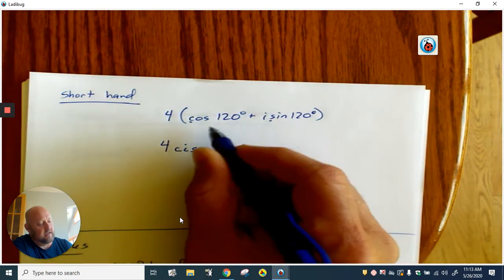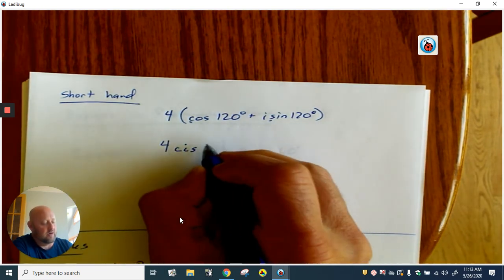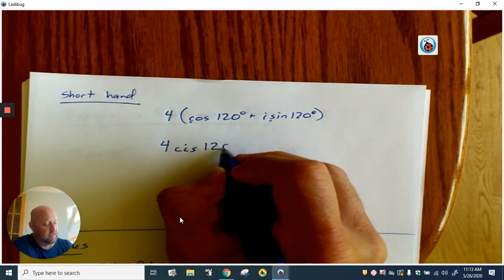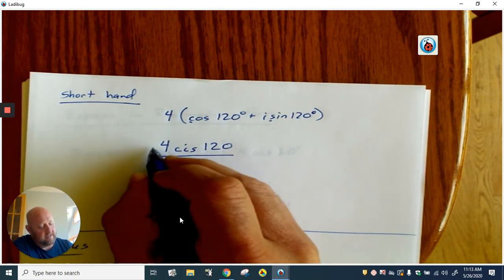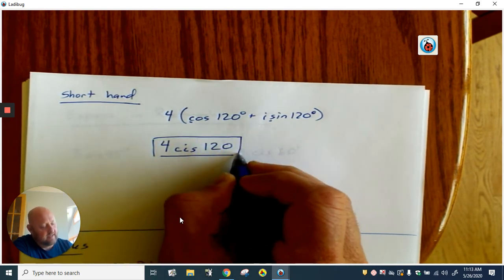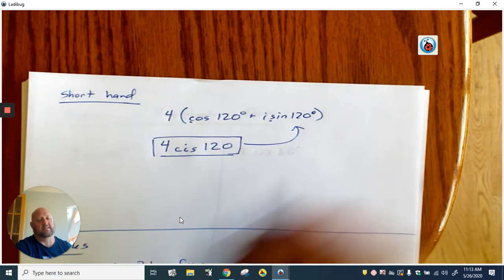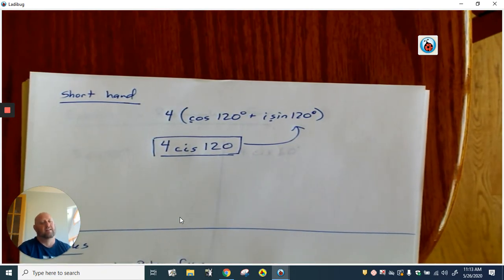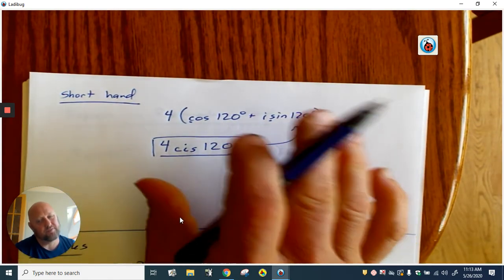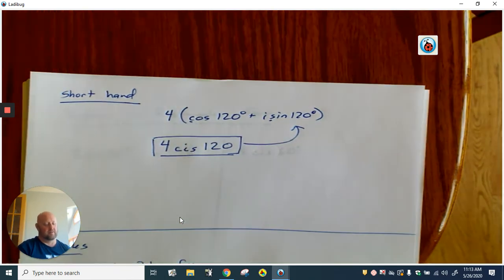And we don't really need to write 120 twice, so we'll just write it once. This means the same thing as that whole thing. 4 cis 120 means 4 times the quantity of cosine of 120 plus i sine of 120. They mean the exact same thing. This is shorthand for that long number.